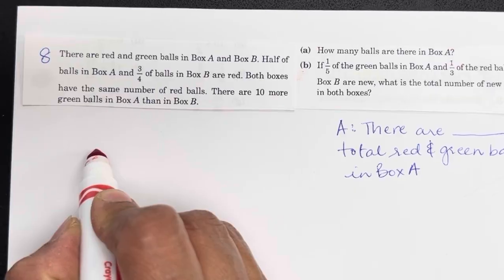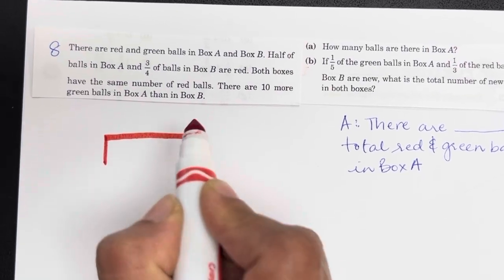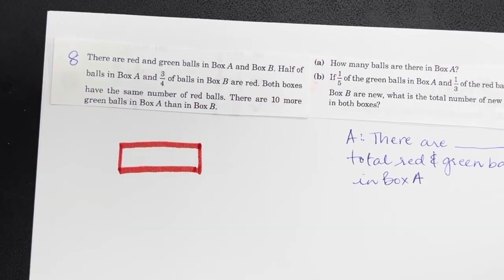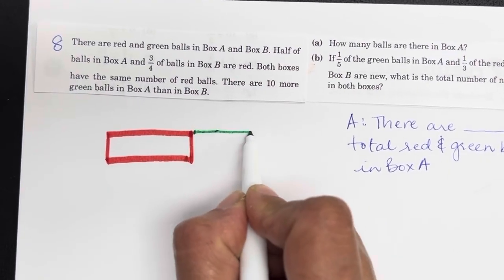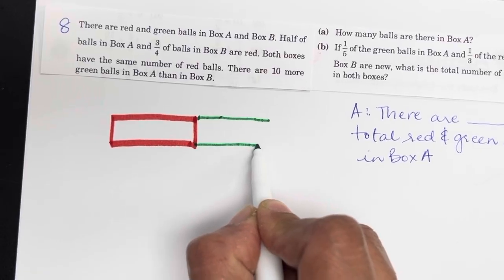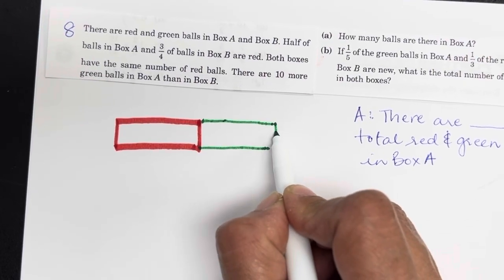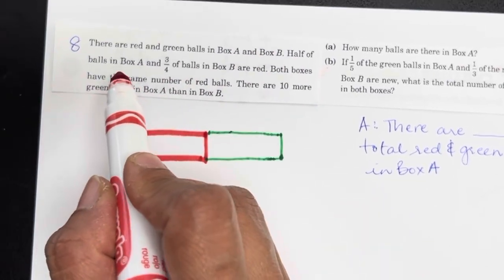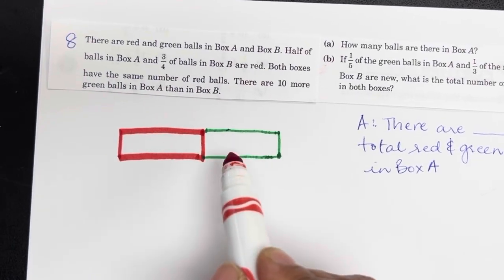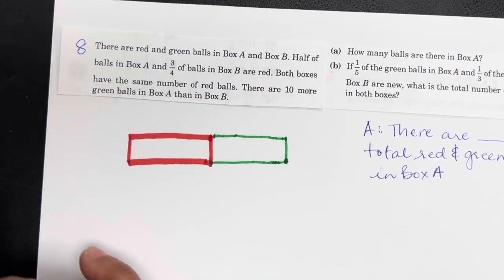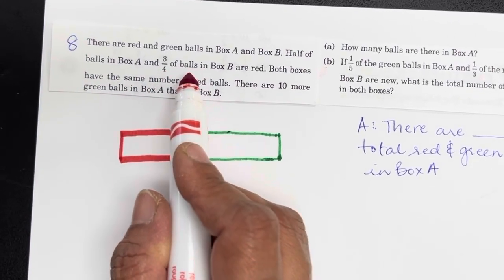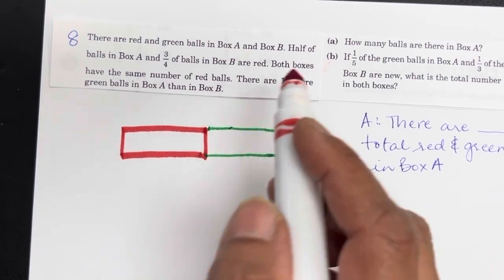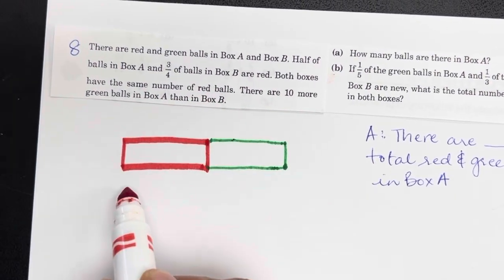So if I were to draw box A, I'll have two sections which are equal sizes, because it says half of the balls in box A are red. That means the second half is green. And then similarly, it's saying 3/4 of the balls in box B are red.